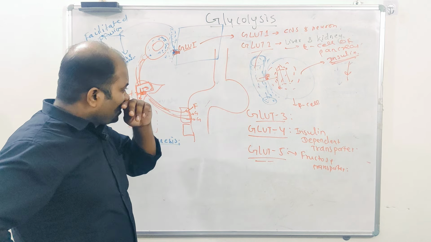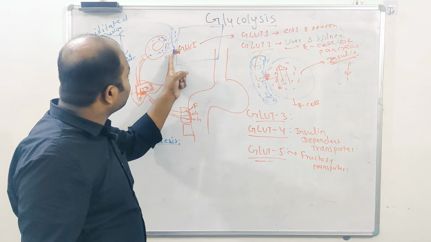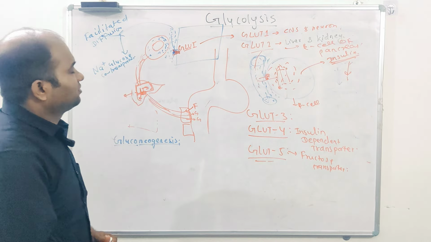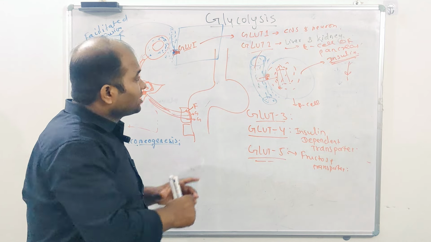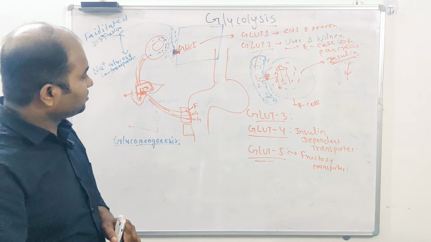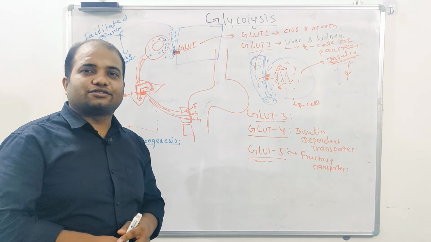Now we are going to see in detail, once the glucose reaches inside the cell, how it is metabolized, and what the various pathways it will go through. We'll see that in the next lectures. So let me wind up the lecture.